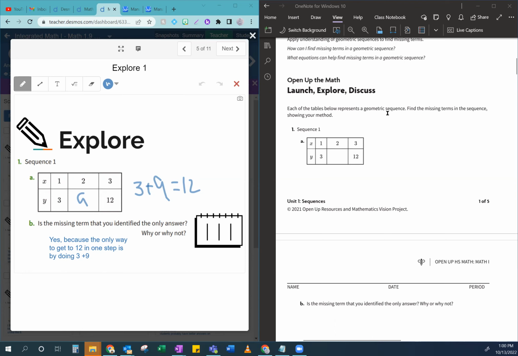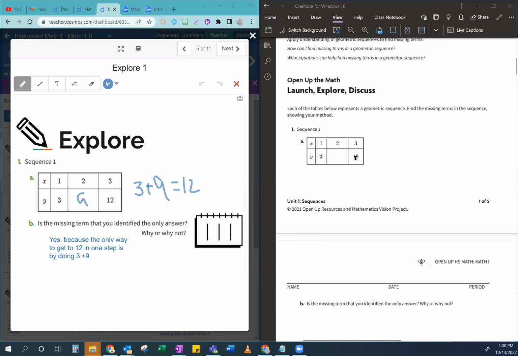What does geometric mean? Okay, so yeah, a lot of you have this down. When I'm talking about a geometric, I'm asking about multiplication.